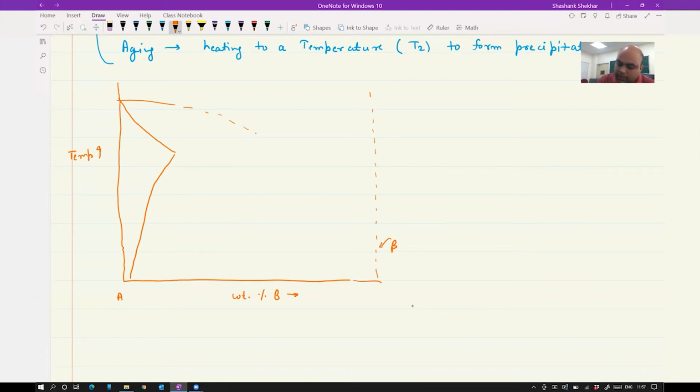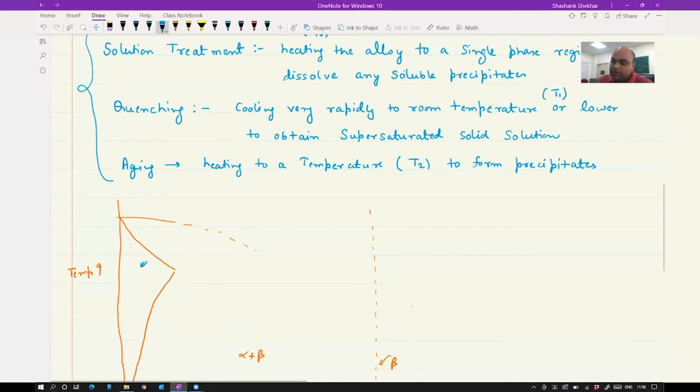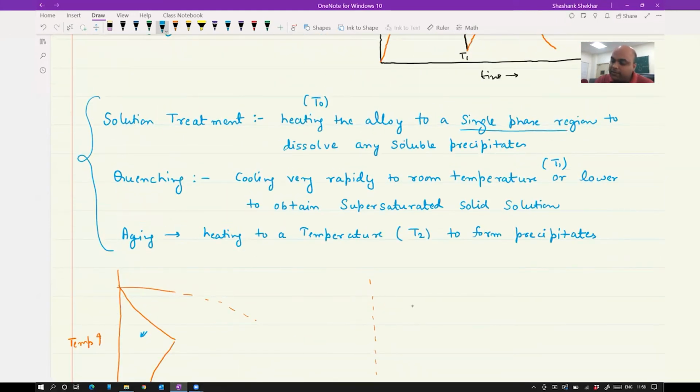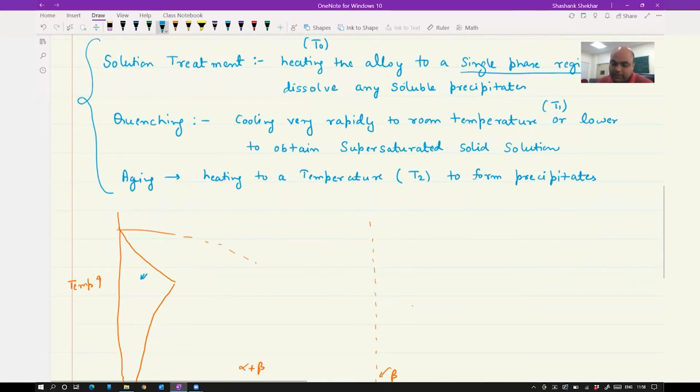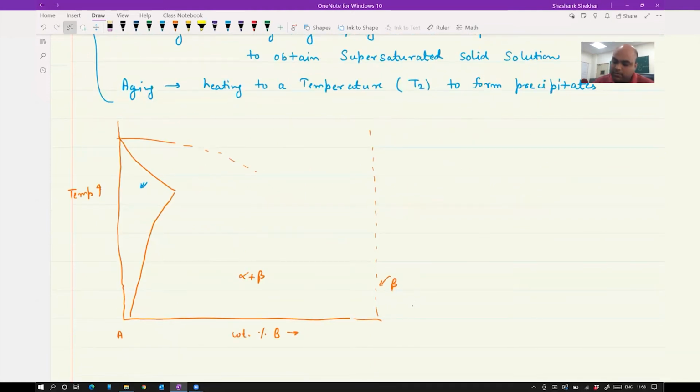So this is going to be alpha plus beta, and this is your single phase region here, right? So if you see, this region is your single phase region, and that is what I meant when I wrote here, if you remember, heating the alloy to a single phase region. Okay, so we have to heat it to the single phase region, which is marked here.